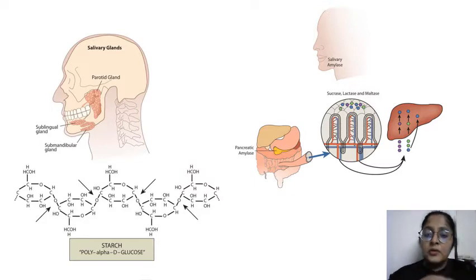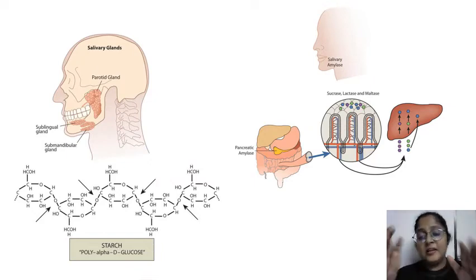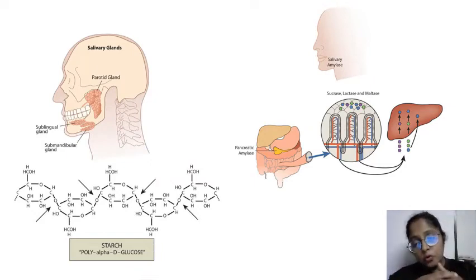The sucrase acts upon the sucrose and breaks it down into glucose and fructose, lactase acts on lactose, then maltase on maltose, and then everything is converted into glucose, fructose, and galactose.